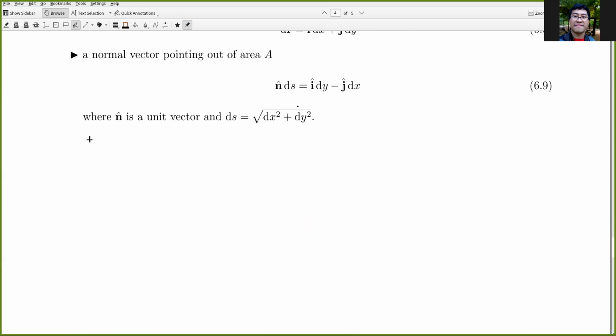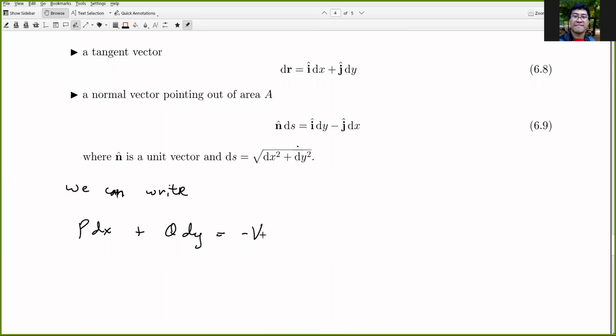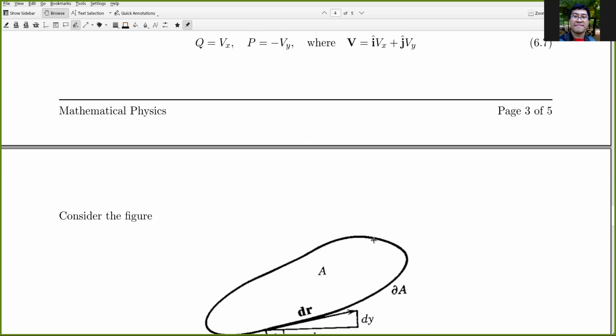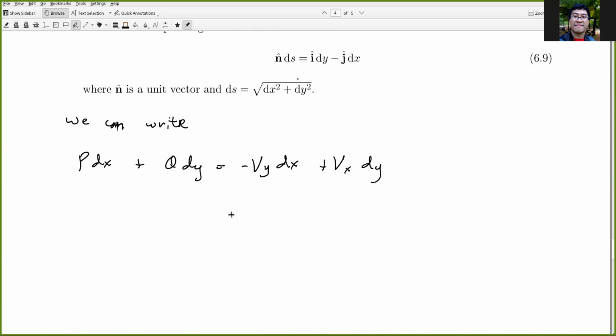So here we can write P dx plus Q dy equals, with our P as negative Vy and Q as Vx.